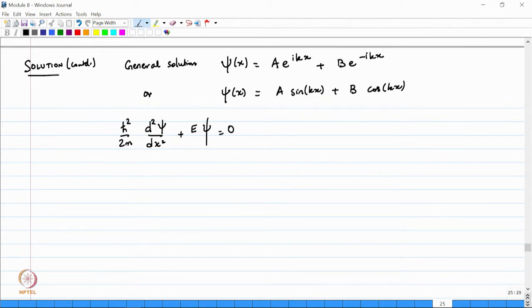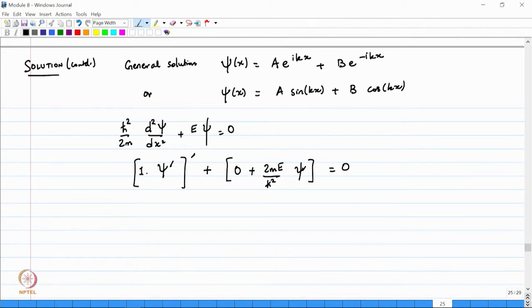So, I will write equal to 0. I can write this as 1 d psi by dx, the whole thing prime, or just to keep the notation short, I will just write psi prime plus 0 plus 2 m E by h cross square psi equal to 0.